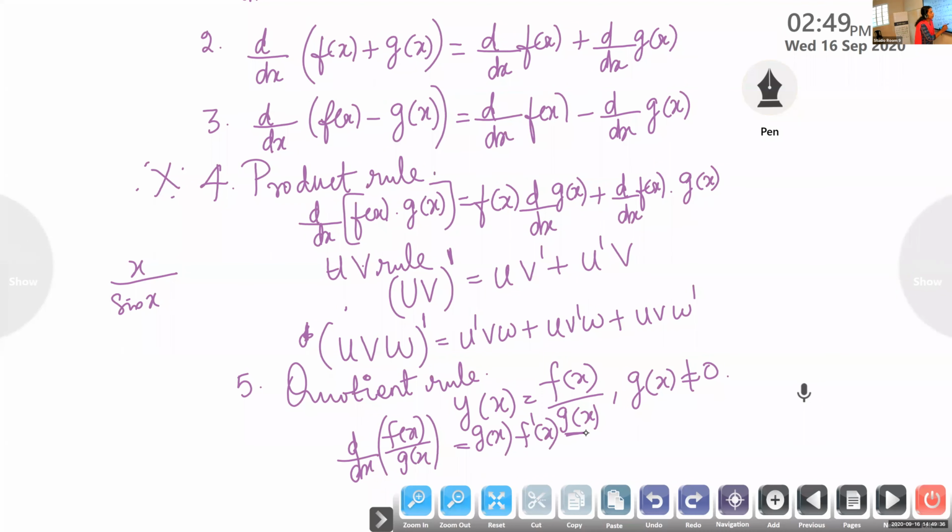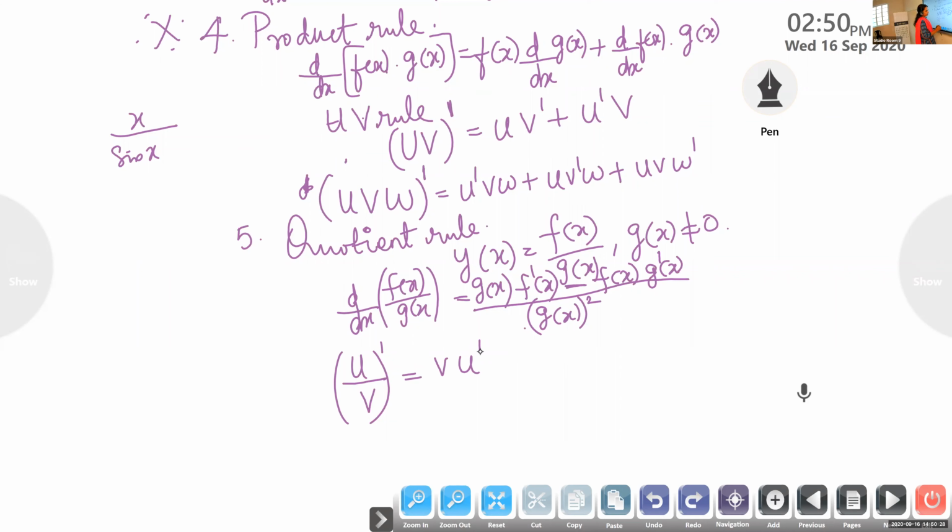U by v the whole dash is v into u dash minus u into v dash by v square. This rule we call finding the derivative using the quotient rule.